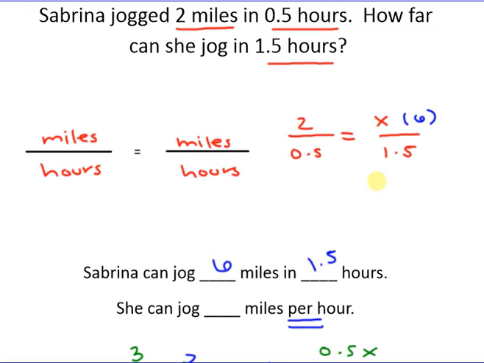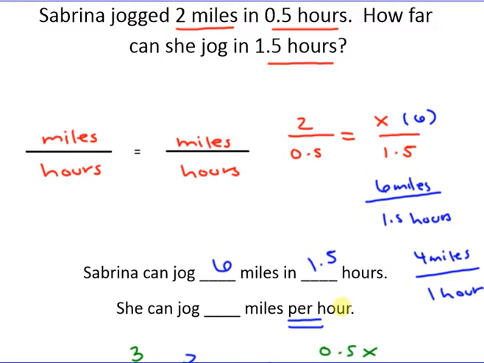So here we have 6 miles over 1.5, what is that, hours? Okay, so 6 miles divided by 1.5 hours, that's going to give us 4 miles over 1 hour. So this is 4 miles per hour.